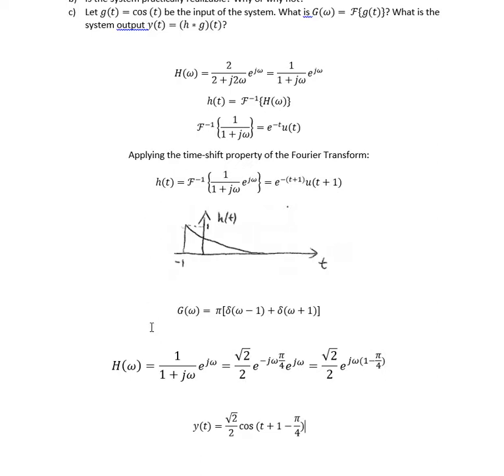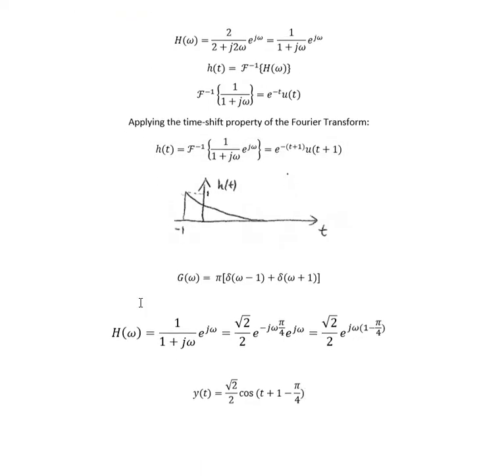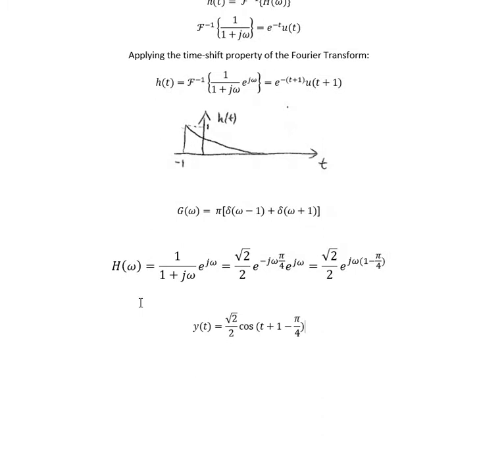And it also asks what is my output y(t), since my output is the convolution of h(t) with g(t). Well, I could convolve these in the time domain, or I could multiply in the frequency domain.